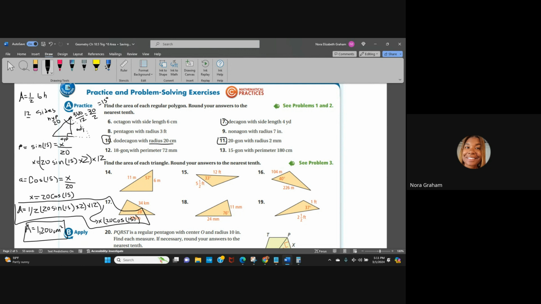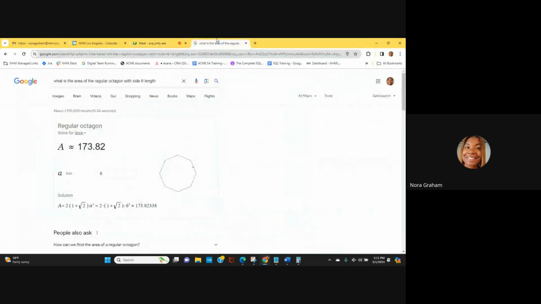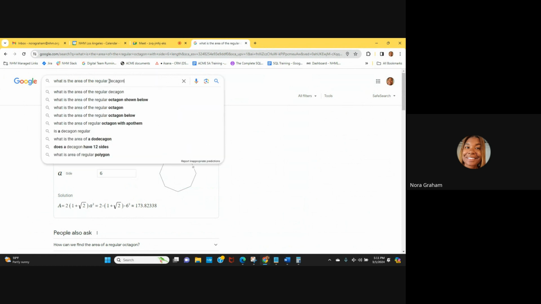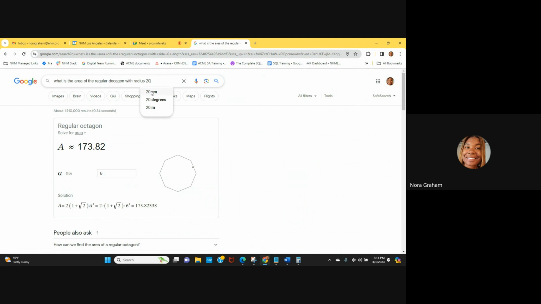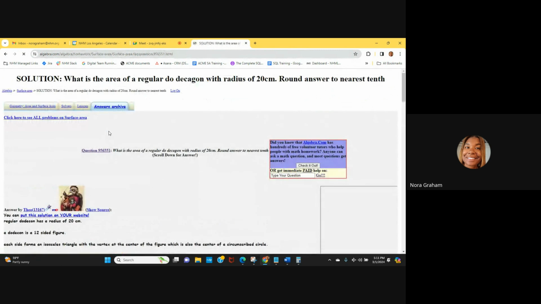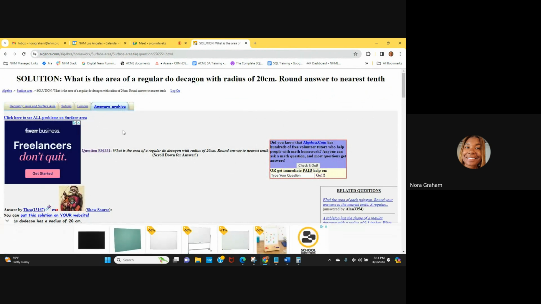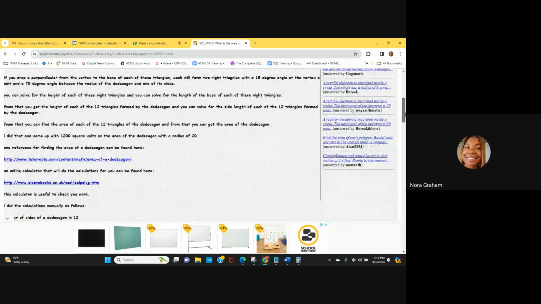All right, so let me go ahead and show you guys the answer. Decagon with radius 20. Let's go to our good friend Google. The area of a regular decagon with radius 20. Usually they just pop up on Google and give it to us, but let's see what we get.